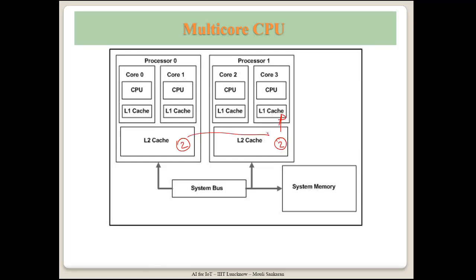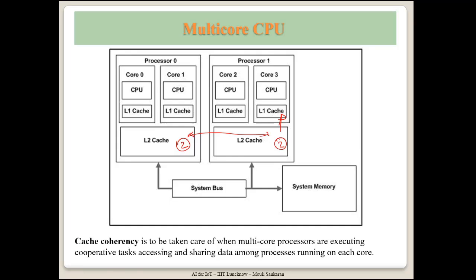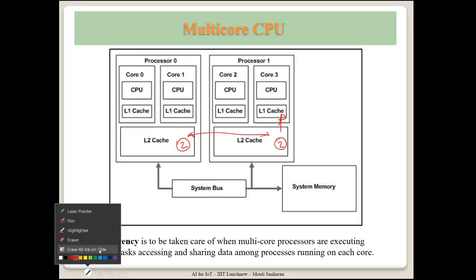Otherwise, there will be a mismatch or a missed data update. That is what is called cache coherence, which will be very prominent when you have multi-core processors operating on the same data. So if you understand this, then you will know what cache coherence means.